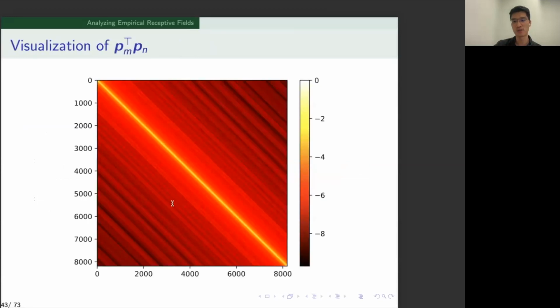That's because, let me go to this figure first. This is the visualization of PM transpose PM. PM is just the sinusoidal positional embedding at position M, and this is at position N. As we can see, it has a pretty nice decaying effect, where the Y and X axes represent the positions.